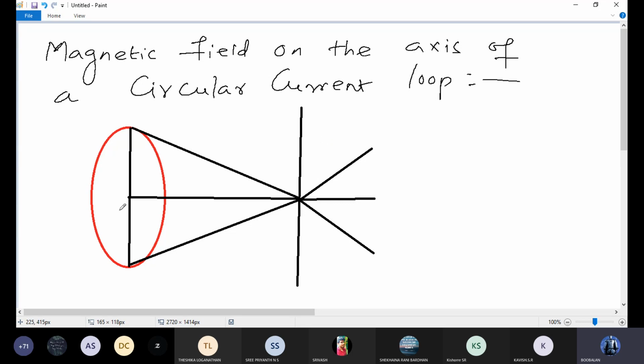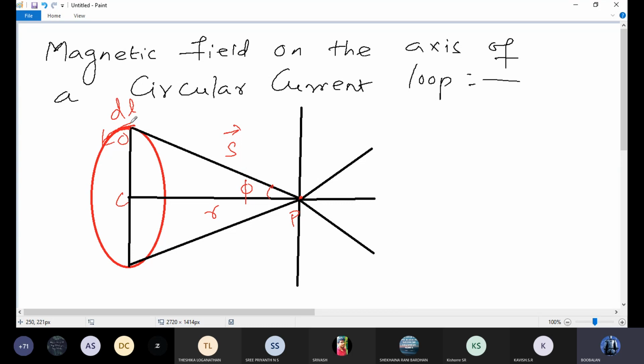Okay, now listen. Circular loop, the center point C, for this one O. So this is the current element dL for this much. This O to P, a particular point outside, is considered the position vector S, origin to P, that is R, making angle phi.